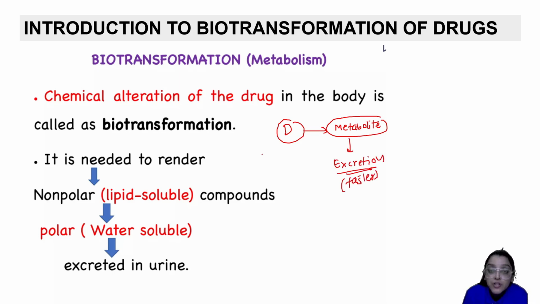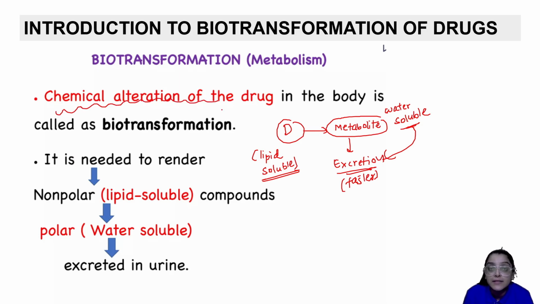So the nature of the drug, if it is lipid soluble, it is converted into a water soluble metabolite, so that the excretion turns out to be faster. This chemical alteration is termed biotransformation because it involves a lot of processes, and a lot of enzymes are involved in converting the parent drug molecules into their metabolites, right?